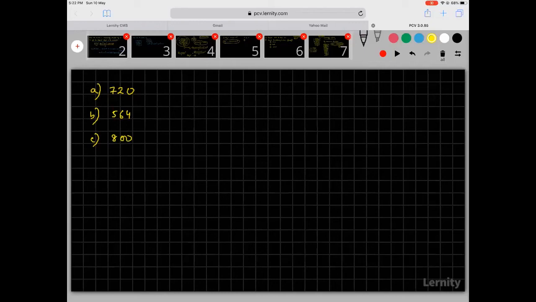This is it. What you know is that any number will be prime number 1 to the power a, prime number 2 to the power b, prime number 3 to the power c, and so on. Any number will be of this format.